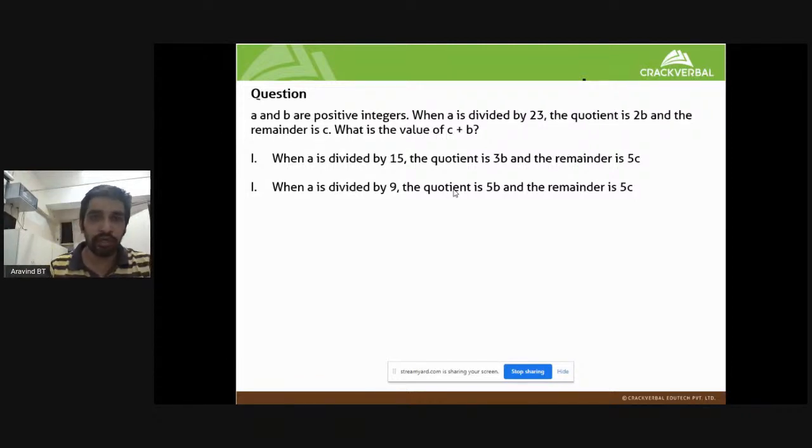So this is again one of my favorite questions. I really like how this question makes it seem as though it's probably a 800 level question, whereas actually it's probably a 700 or a 720 level question.